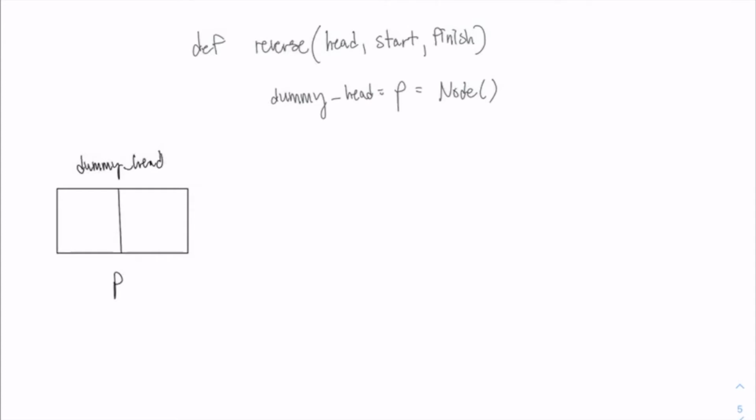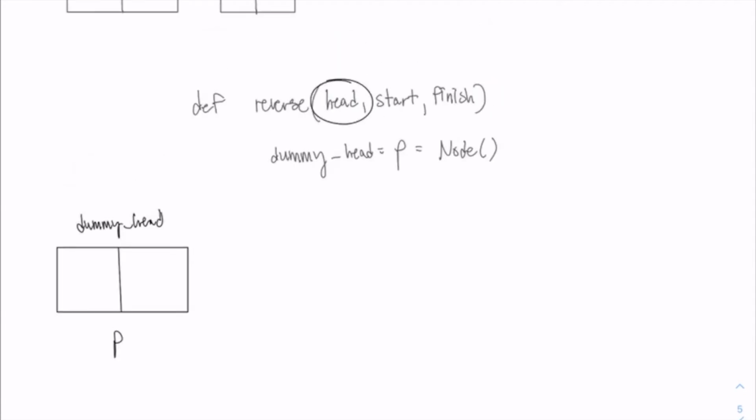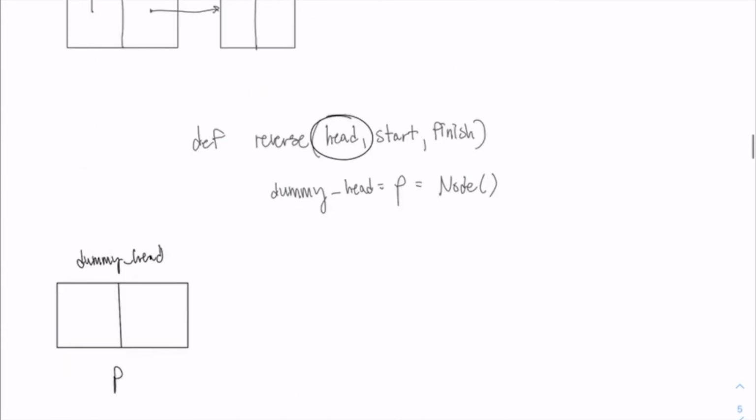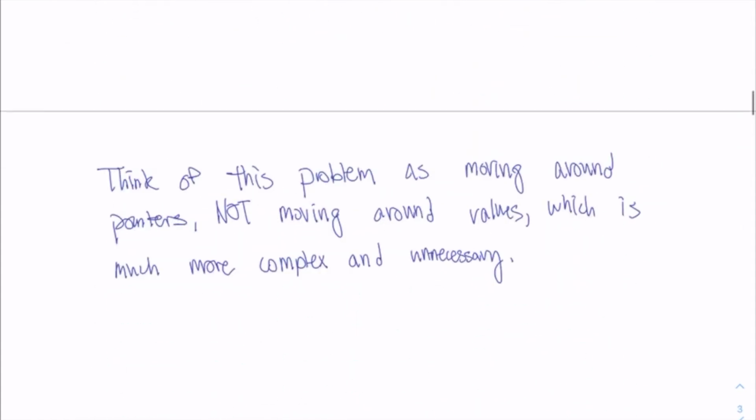The second thing we have to do is create a way to symbolize where the head is going to be. The head is this parameter, and it's basically the very first node of the linked list that we're passing into this reverse function definition.